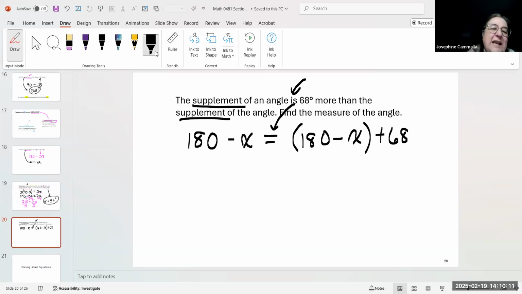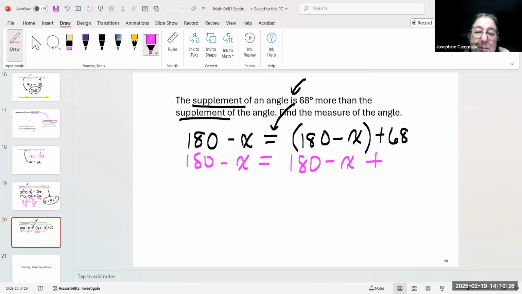Well, let's see what we get here. Well, this is 180 minus x is equal to 180 minus x plus 68. Now, remember we have 3 types of solutions. Well, let's add these 2 together because I'm going to combine terms.